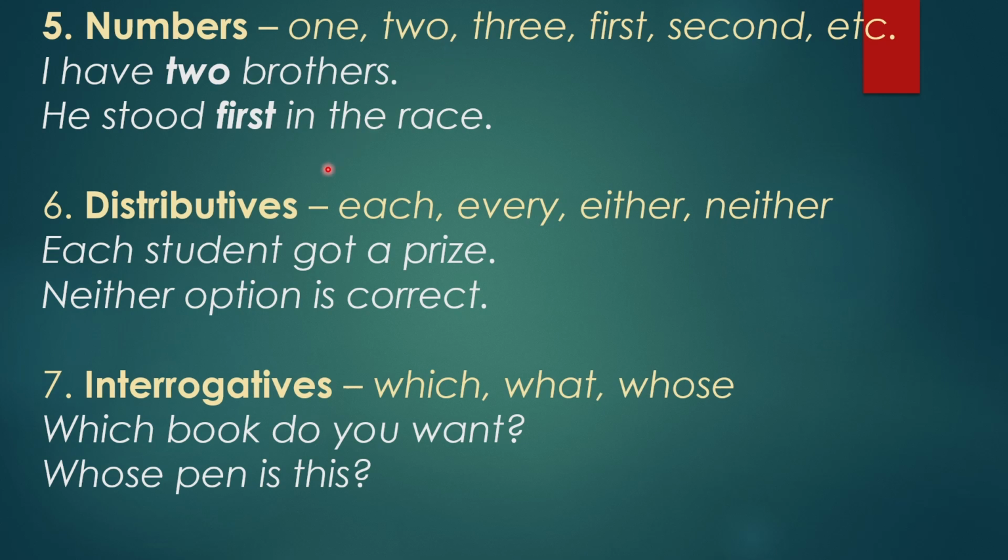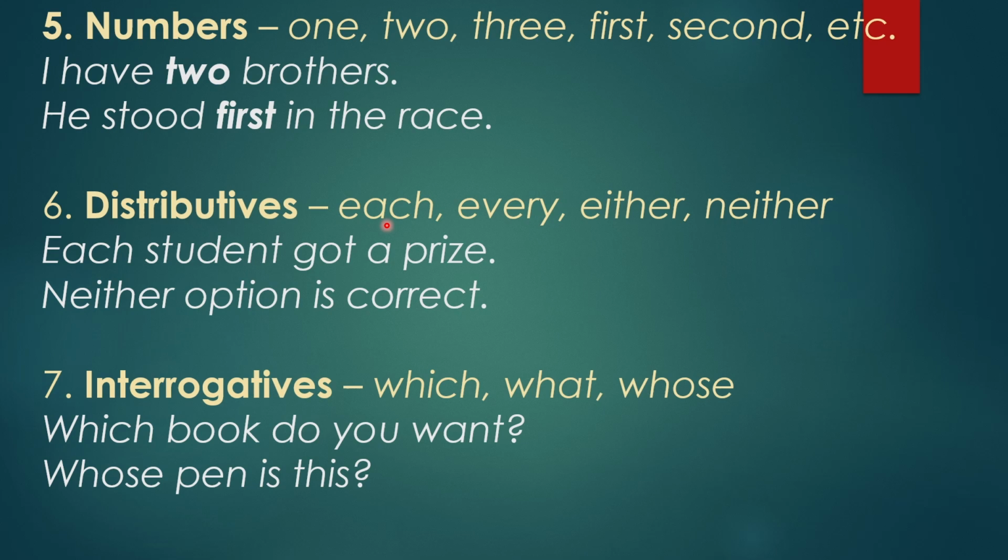Next type is distributive determiners. Distributive determiners are like each, every, either, neither. So each refers to individual items in a group, means emphasizes individuality, like each student got a prize.